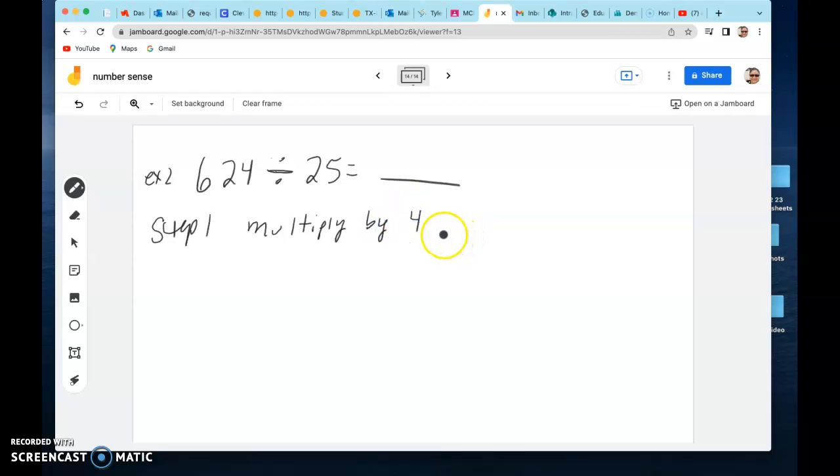So it's going to be 4 times 624, which should give me 2,496. Step 2. Divide by 100.